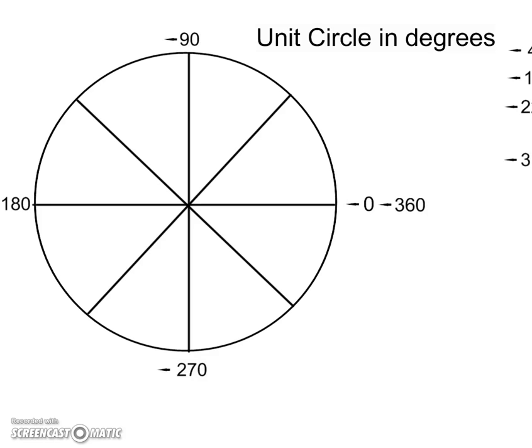If I divide those quadrants in half, then each one of those is 90 degrees divided by 2, that's 45 degrees, and then I could count around by 45s.